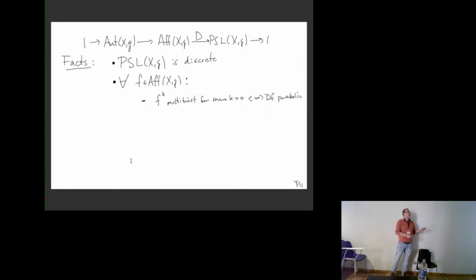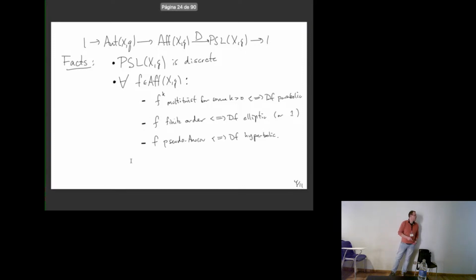And in general, if your derivative is parabolic, then your element, at least up to a power, is a multi-twist. Okay? Your element has finite order if and only if the derivative is elliptic or trivial. And then f is pseudo-Anosov if and only if the derivative is hyperbolic.